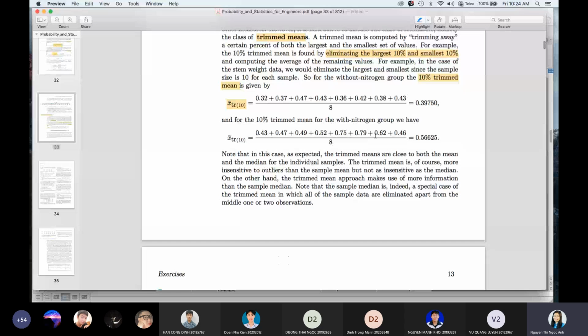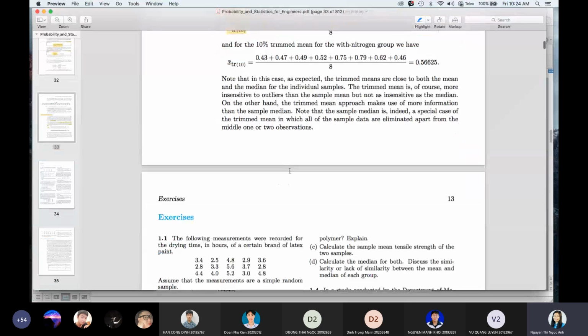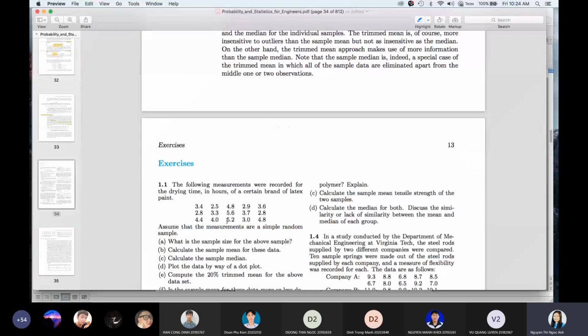We have the 10% trimmed mean for the group. So we have two 10% trimmed means. For example, we have these values. Can you find the 10% trimmed mean for this exercise?